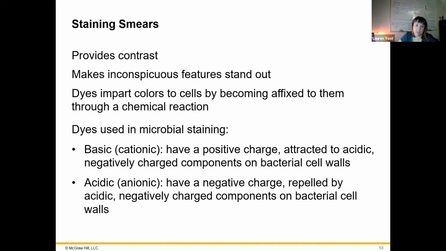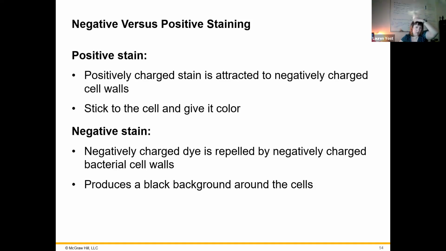The acidic stains, the anionic stains, however, have a negative charge. They're going to be repelled by the negative charge on the cells, and so they're going to stain the background typically. That leads us to calling them positive stains, which are attracted to the cell walls to give the cell color, and negative stains, which are going to be in the background, repelled by the cells themselves.